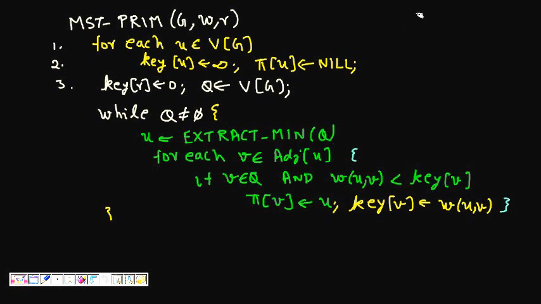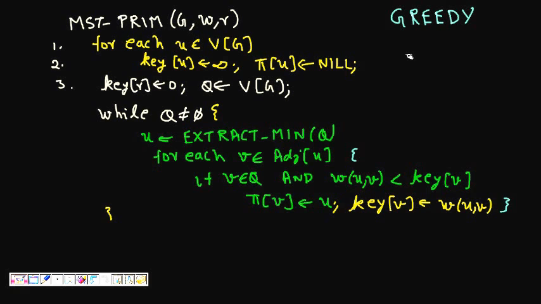Prim's algorithm is basically a greedy algorithm that tries to find the minimum spanning tree of a graph. We will see a working example which will show how it forms a minimum spanning tree. You need, of course, a graph and the weights of the edges, and it also needs the root of the tree from where we want to find the spanning tree.